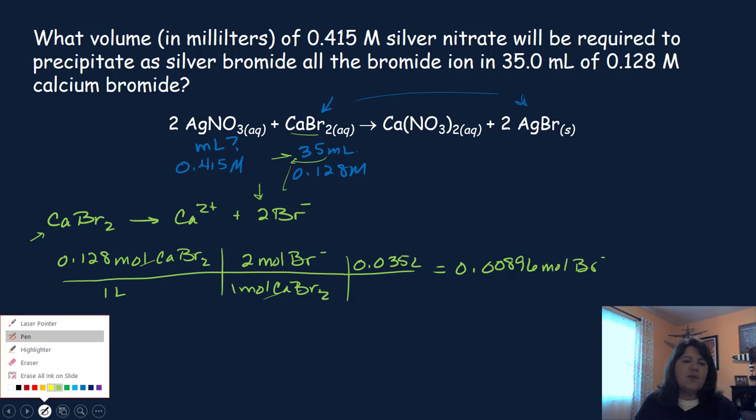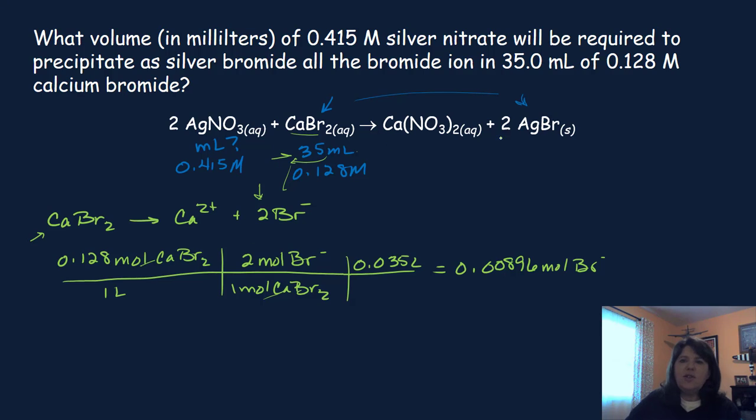I want all of those bromide ions to go into the silver bromide. To make this salt, I know that silver ions plus bromide ions is going to equal silver bromide. I happen to have 0.00896 moles of the bromide ions.